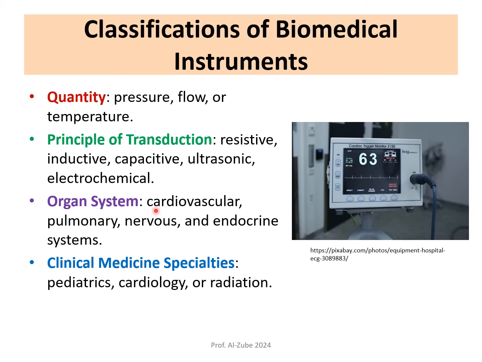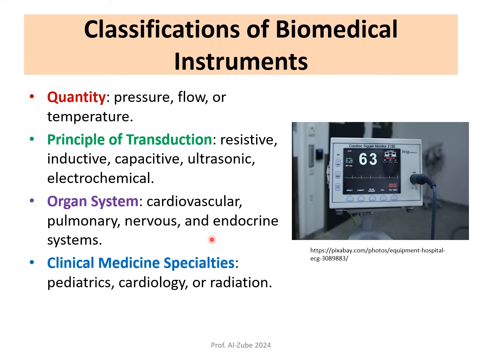So you can say, I want to specialize in the cardiovascular biomedical instruments, or the pulmonary, nervous, or the endocrine systems. You can select one of these organ systems and specialize in all the medical instruments that are used in diagnosis and treatment of this particular organ in the body.